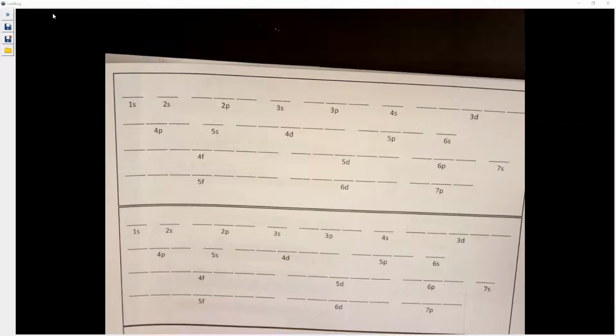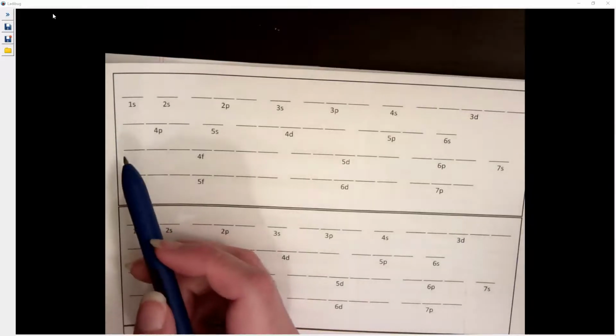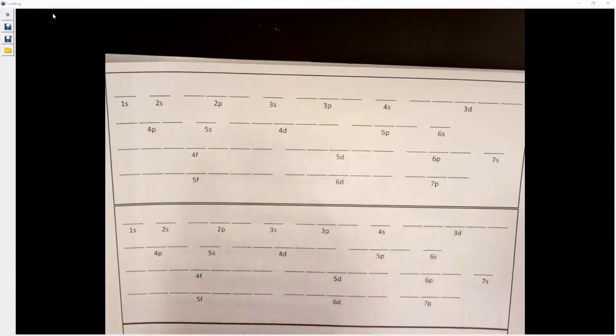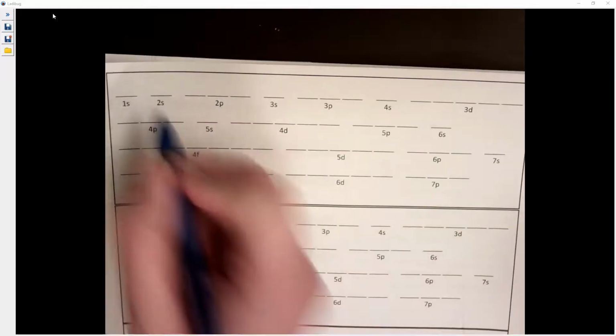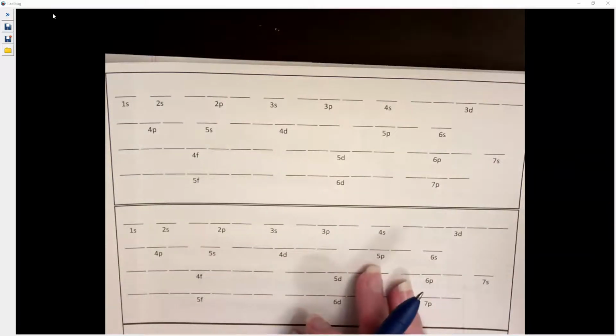This is really helpful on homework in your binder paper when you're doing a warm-up, where you want to not use quite so much space. You don't want to have to print these little charts out every time. You can just draw a line for each orbital and go across, and it'll really save some space.